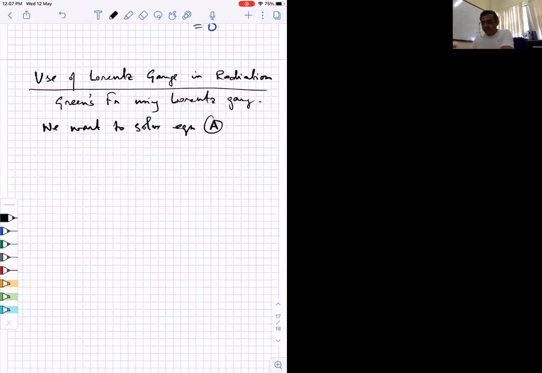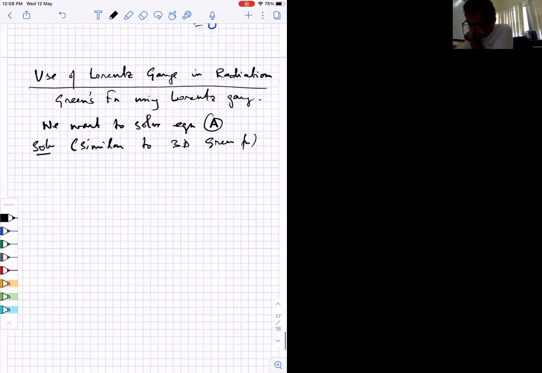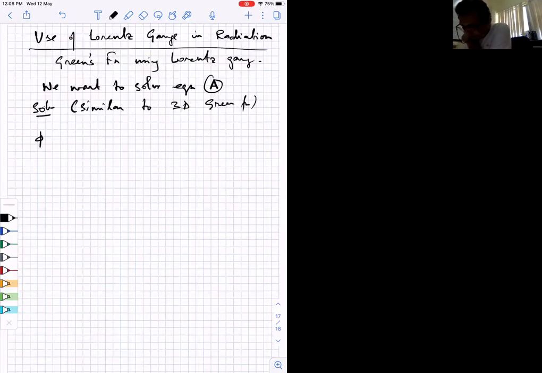The solution will be similar to the 3D Green's function solution, phi at r, but now this has time also.